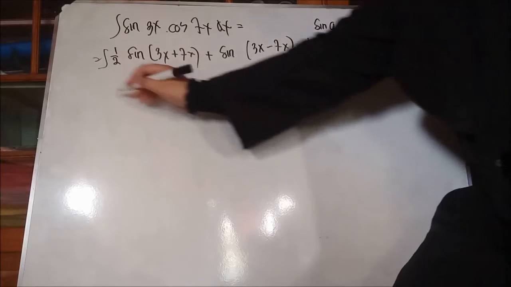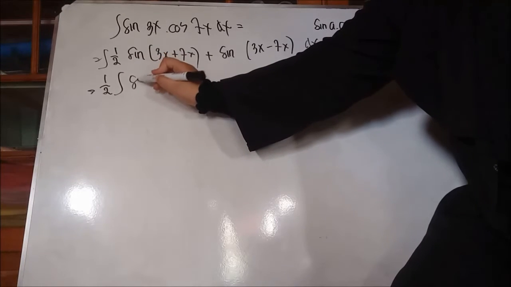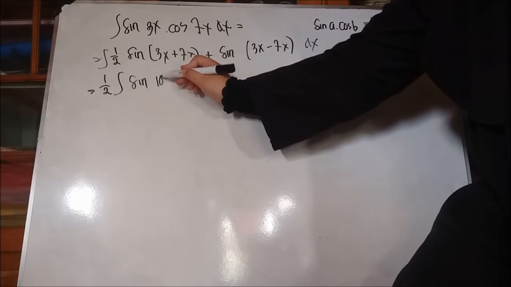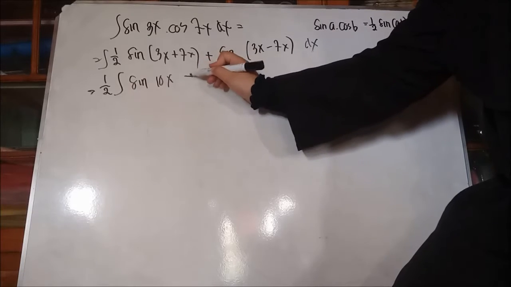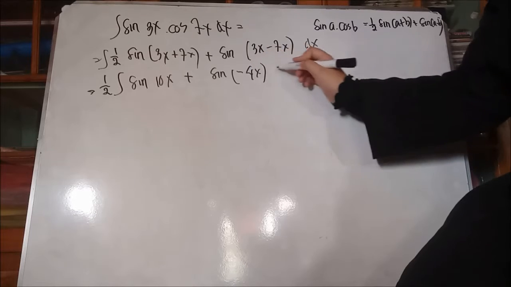And then you can put the 1 over 2 in front of the integral, so we get sin 10x plus sin negative 4x dx.